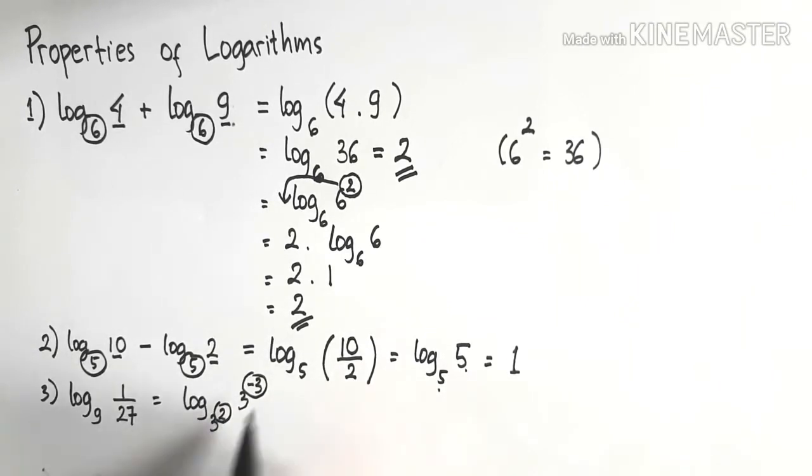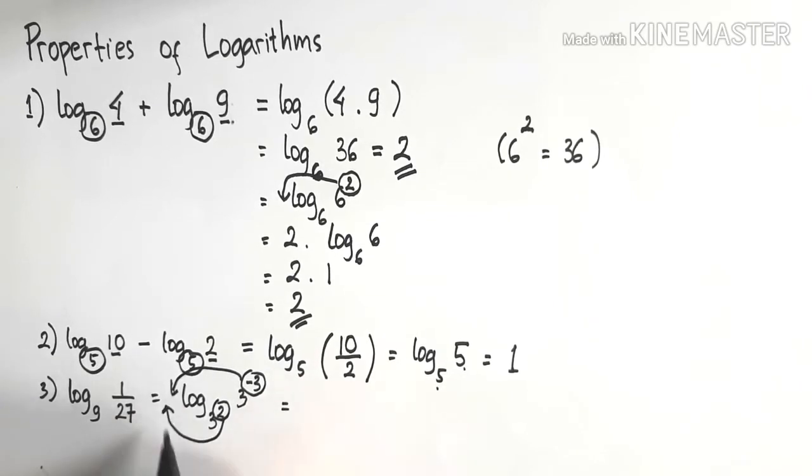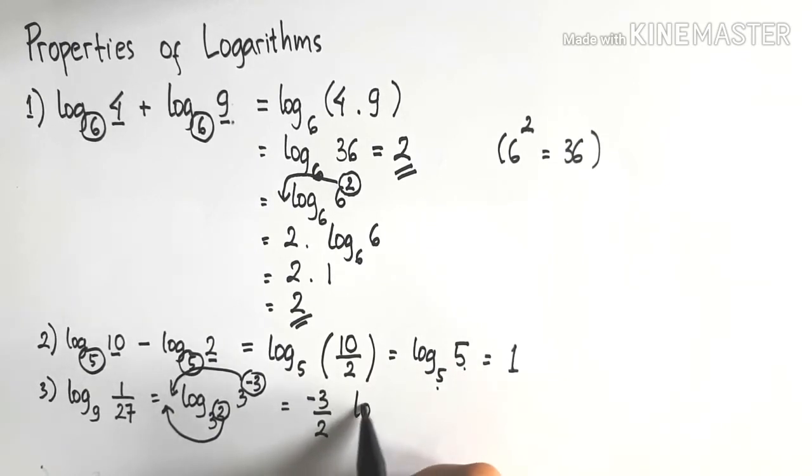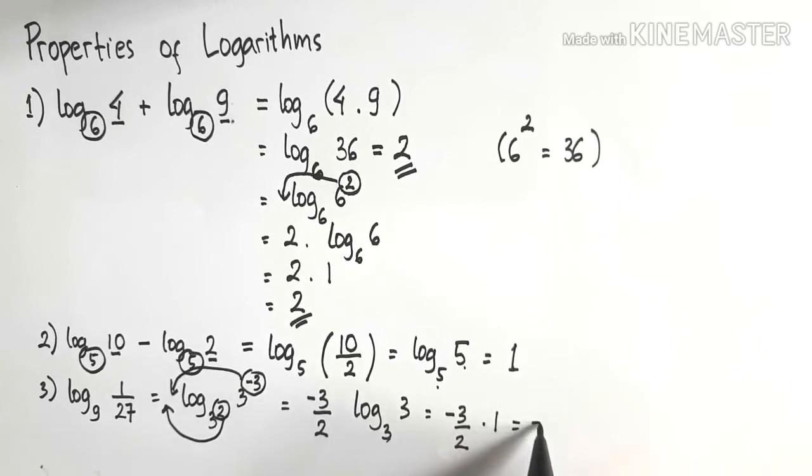The exponent negative 3 and here 2, we move in front of the logarithm. It becomes negative 3 over 2 times log base 3 of 3. Then log base 3 of 3, because it is the same, will be equal to 1. Negative 3 over 2 times 1, and the answer is negative 3 over 2. It is the answer.